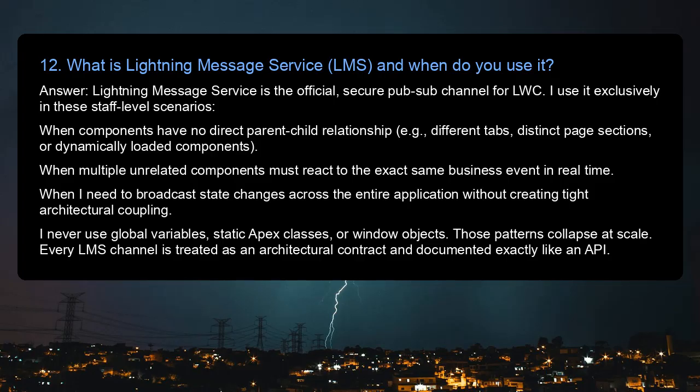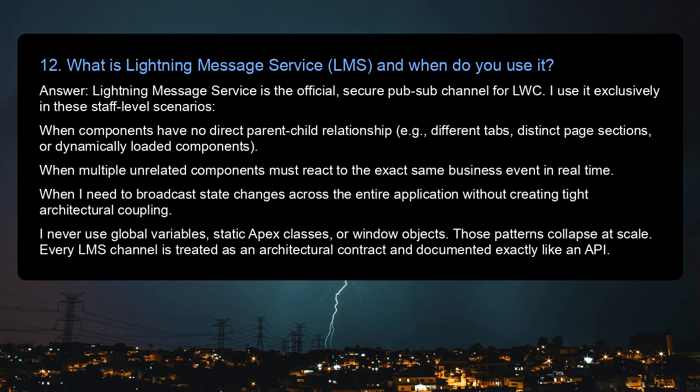12. What is Lightning Message Service, LMS, and when do you use it? Answer: Lightning Message Service is the official, secure pub-sub channel for LWC. I use it exclusively in these staff-level scenarios: when components have no direct parent-child relationship, for example, different tabs, distinct page sections, or dynamically loaded components; when multiple unrelated components must react to the exact same business event in real time; and when I need to broadcast state changes across the entire application without creating tight architectural coupling.